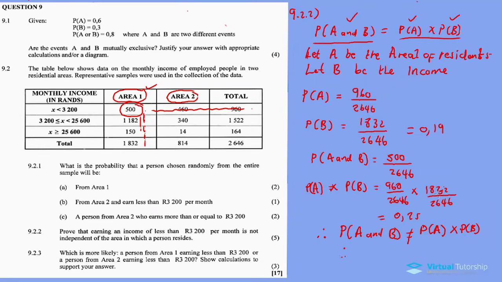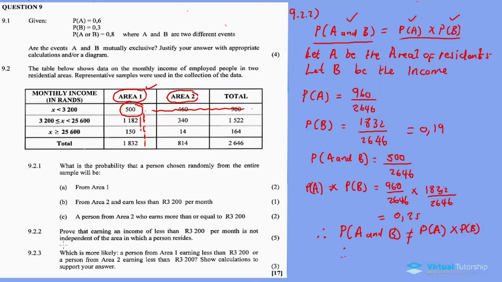So there's going to be an income difference there. In area 1, the kasi, you will find many people earning less than 3,200. Then in Sandton you will find people earning an amount which is larger than 25,600. So income is dependent on where a person resides.